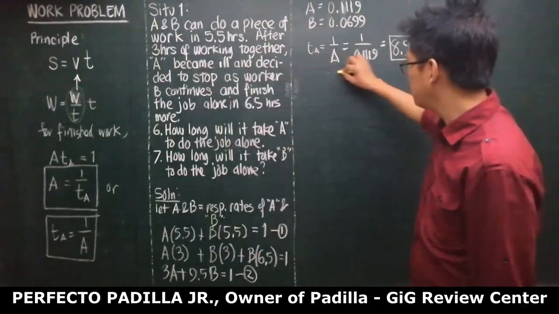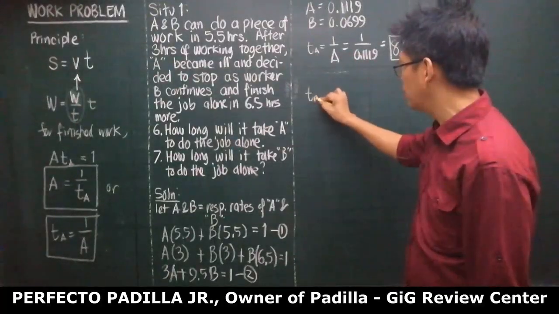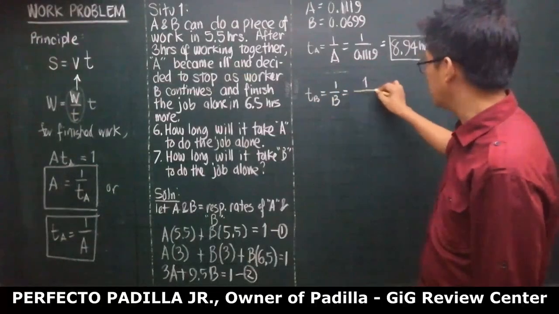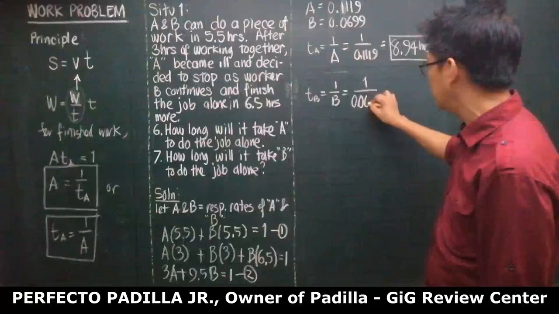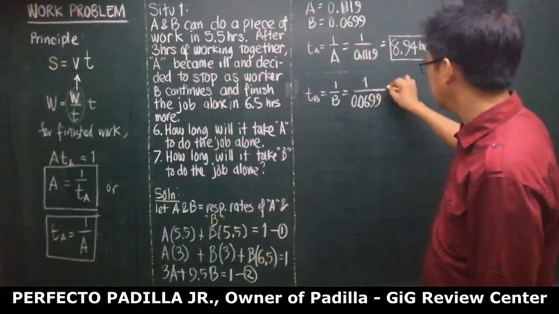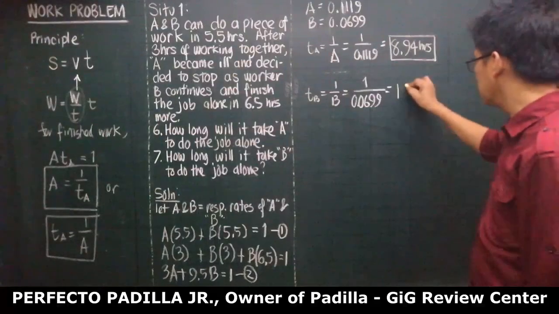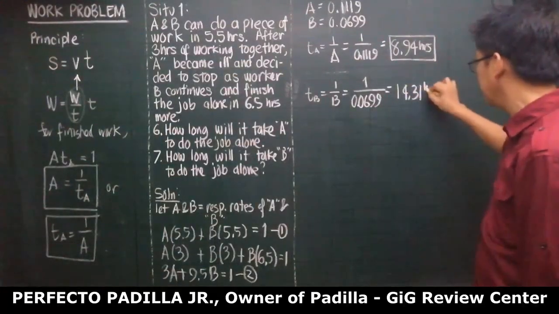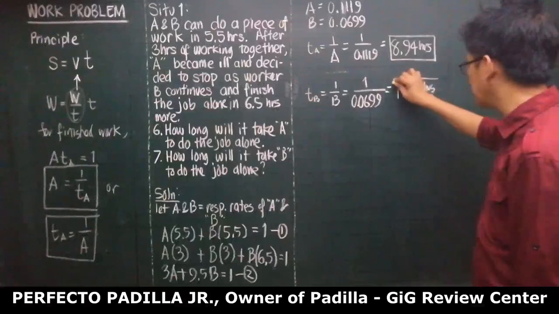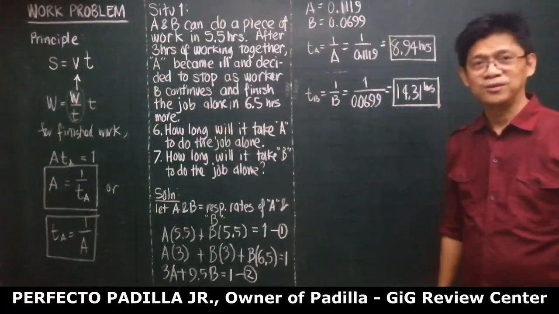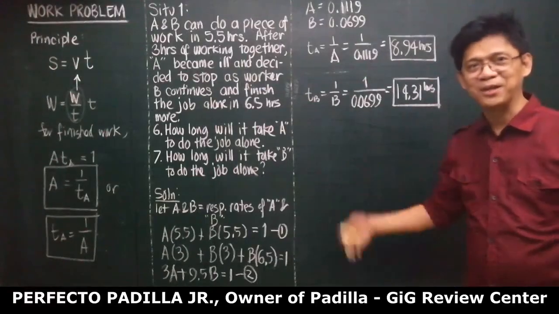Now, the time for B to finish the work alone is 1 over B. So, this is 1 over 0.0699. Okay? So, you compute this. This is going to be 14.31 hours. This is the time B can finish it alone. You get it? Okay, you may copy.